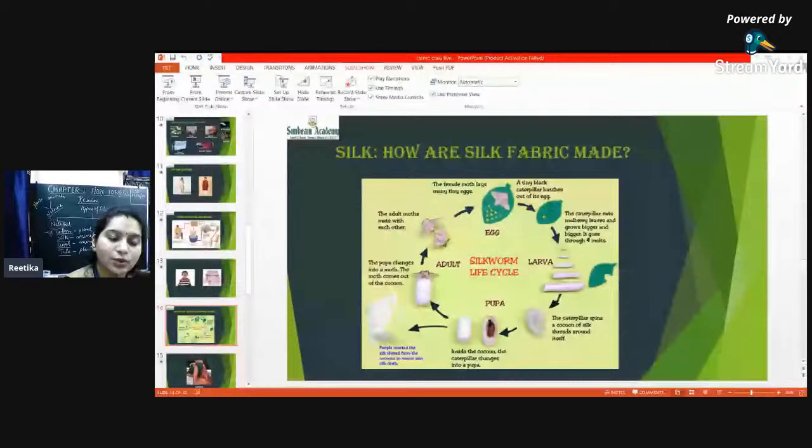When a silkworm covers its body with the help of a white thread, that is called a cocoon. Now this cocoon is boiled and a small thread is taken out from it and silk is made. Clear? This I have already explained to you in much detail in the earlier classes.